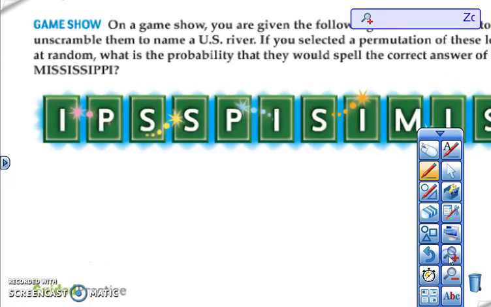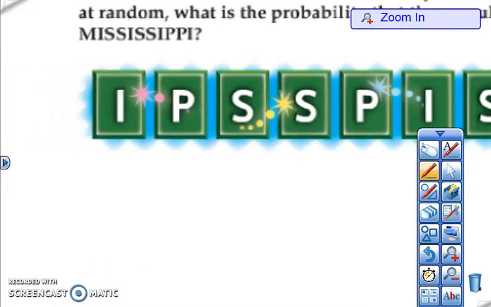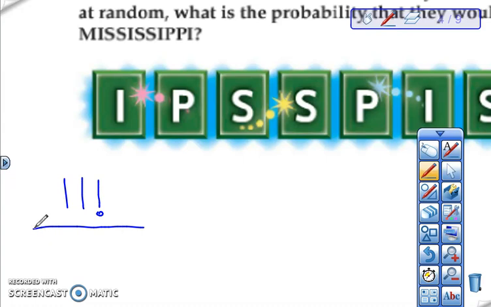So if I look at that and count it out, there's 11 letters that I've been given in the word Mississippi. So I know if I want to rearrange those in a random order, I could do it by calculating 11 factorial, and that would tell me the total number of ways. However, when I look closer, I realize that a bunch of the letters repeat.